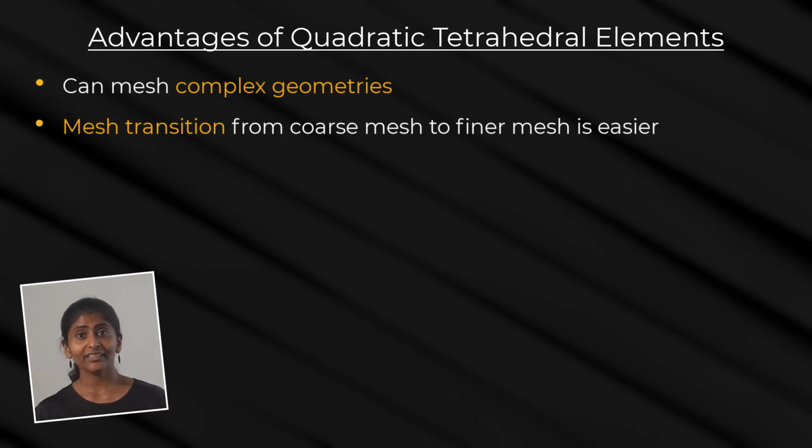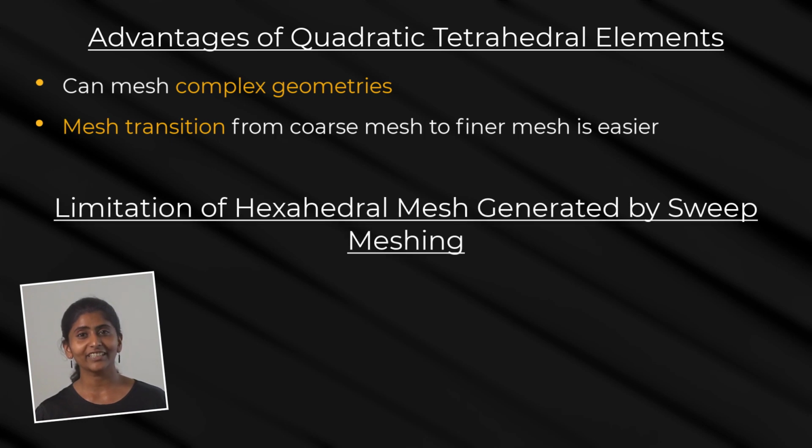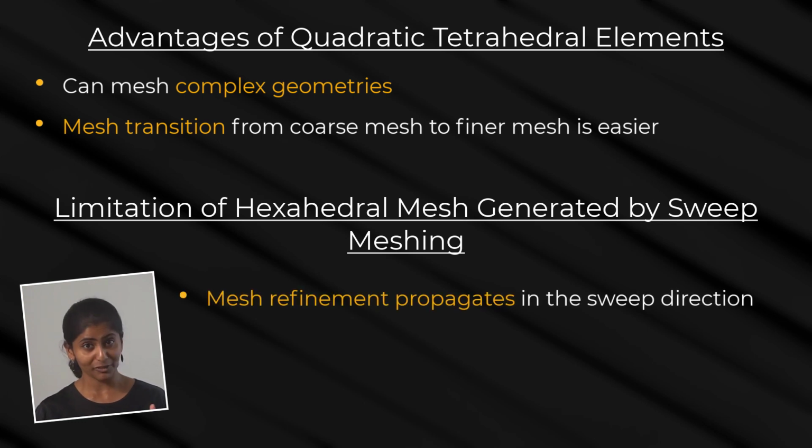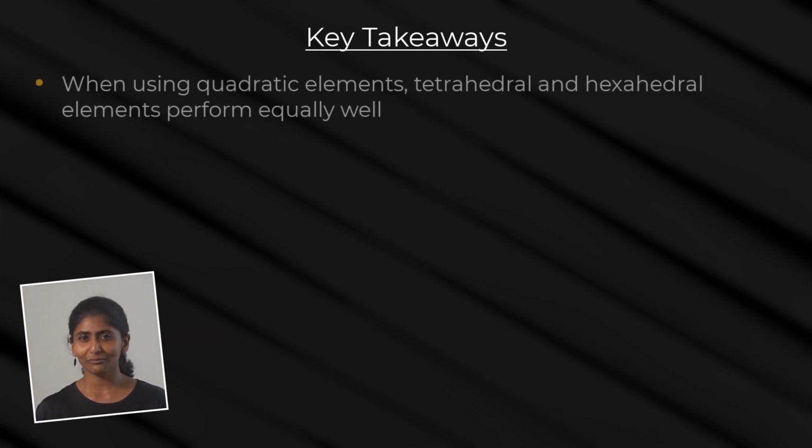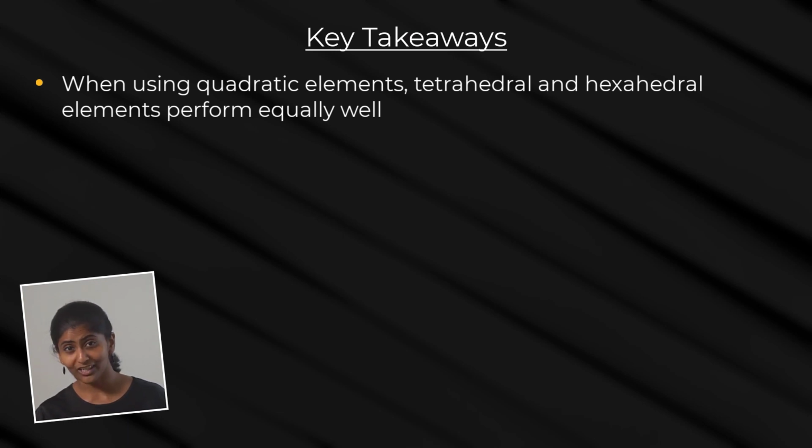On the other hand, hexahedral meshes are created by sweep meshing, and hence the mesh refinement propagates throughout the sweeping direction. Since the default order of elements is quadratic, and we have seen that there is no real preference of one type of quadratic element over the other, for most linear analyses, the element types utilized by ANSYS Mechanical is recommended and should not be changed.